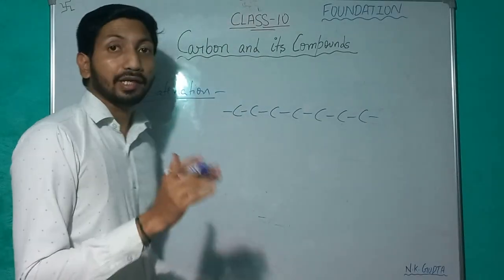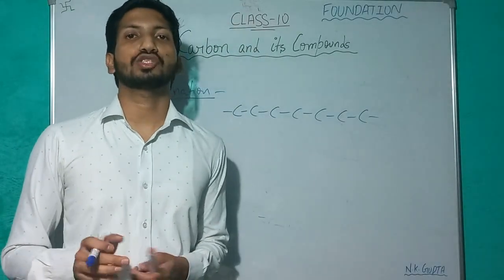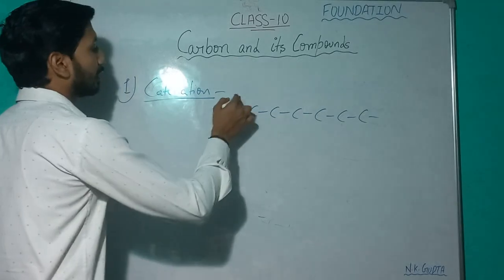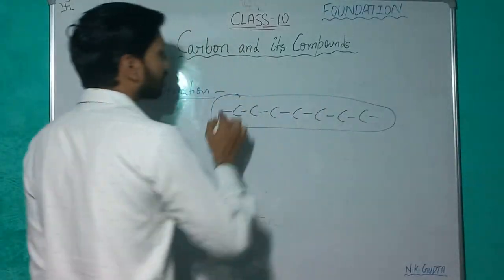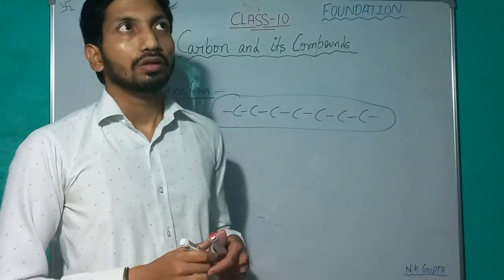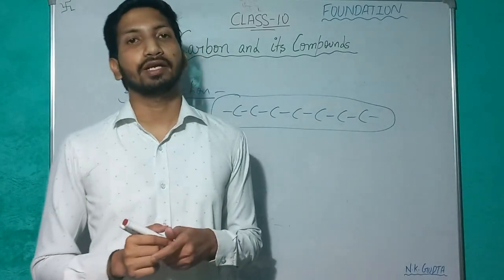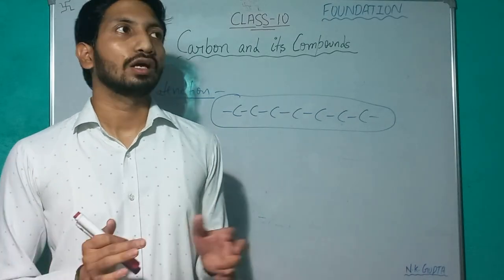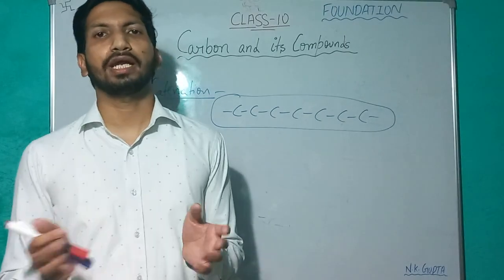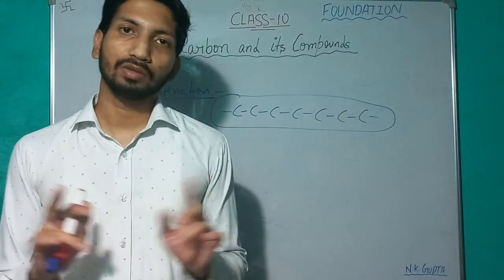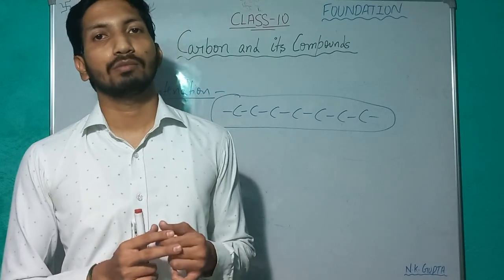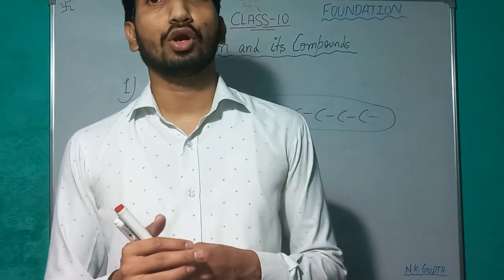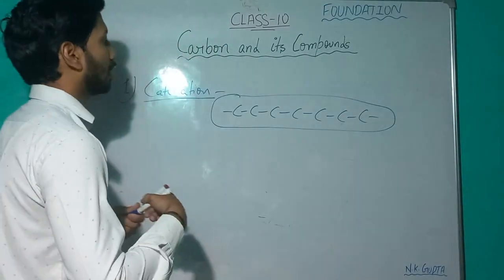It has the greatest tendency to form long carbon chains rather than any other element. Is it okay? Silicon has a tendency to form catenation, but not on a large scale. Approximately 7 to 8 atoms form chains, but more than 8 silicon atoms do not form long chains.